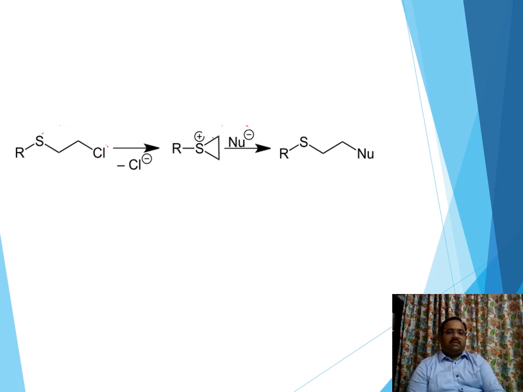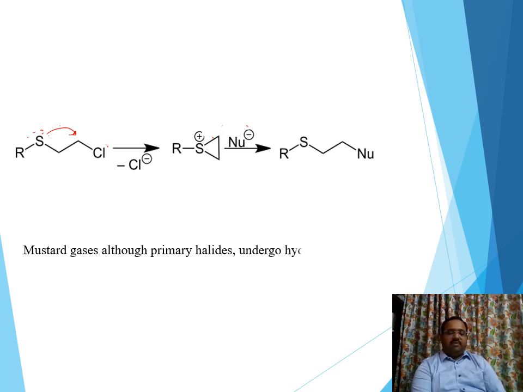To understand this, you can see the mustard gas example. This is going to attack. After attacking, there is a formation of a three-membered cyclic sulfonium ion, which is again attacked by another nucleophile, thereby forming this product.